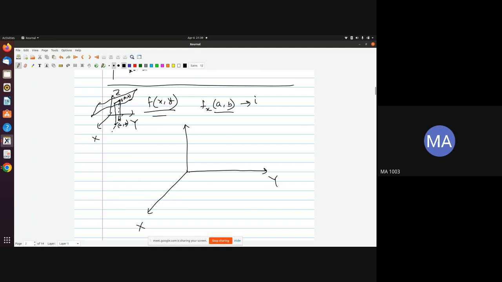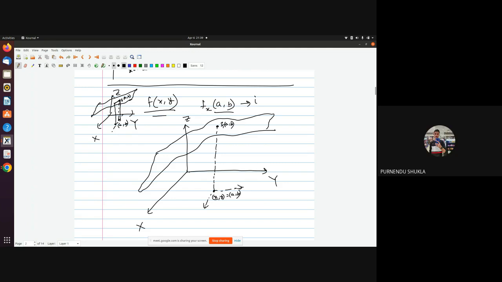This is x, this is y, this is z. This is not a plane, this is some surface. Suppose this is my point x, y equal to a comma b. So this is my function at a comma b. Now there are two directions, along x and along y, right?